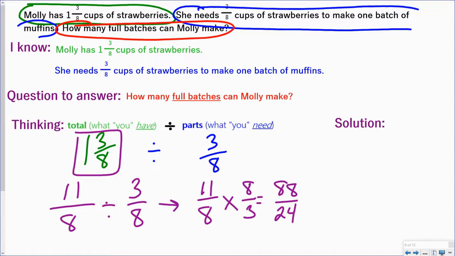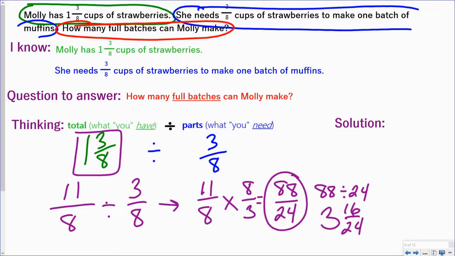And so now I need to simplify this or make it into a mixed number. I do that by taking 88 divided by 24. And when I do that, I come up with 3 and 16/24.